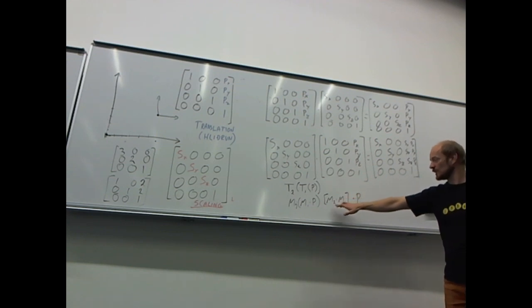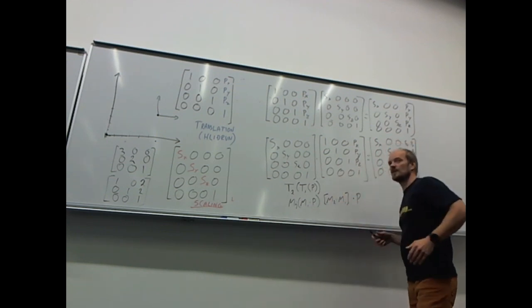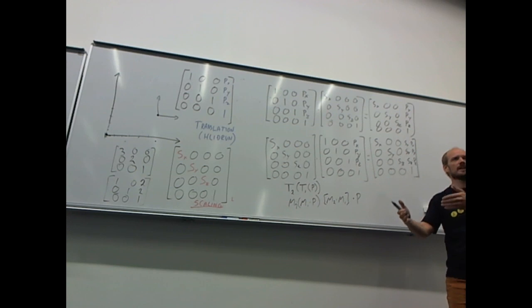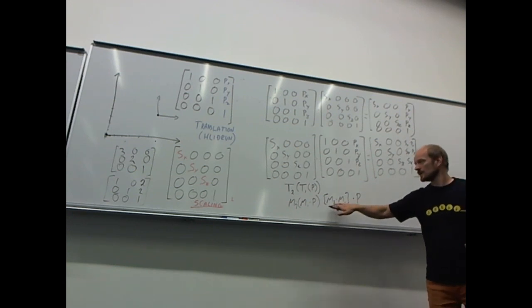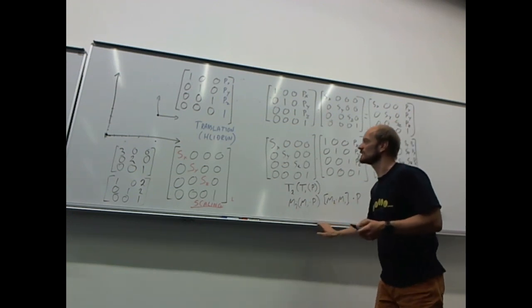Classic linear algebra tells us we take whatever happens later and multiply that first.